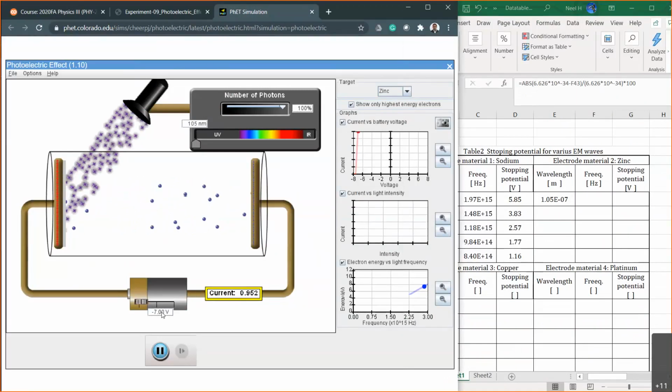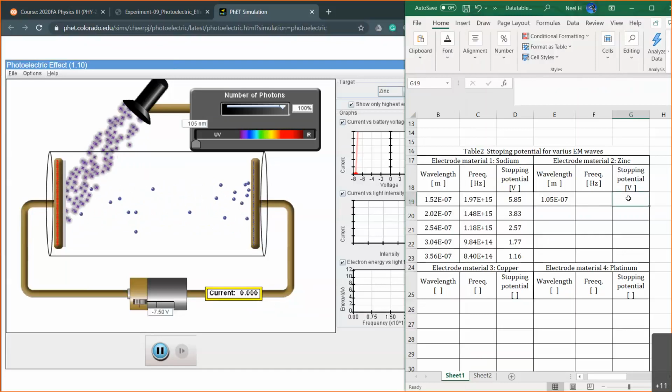We have a number. 7.5 is 0. 7.2, 7.3, 7.4, 7.45, 7.47, 7.49, then 7.50. 7.50 is 0, yeah. So 7.50 is the stopping potential for 105.